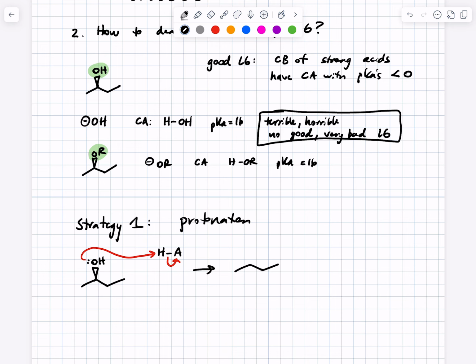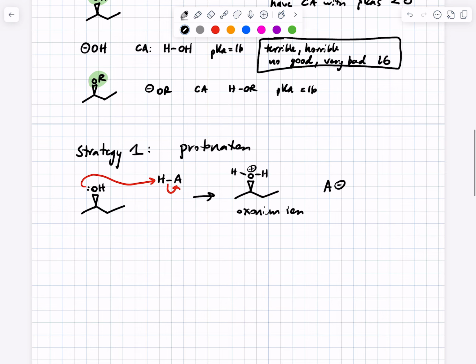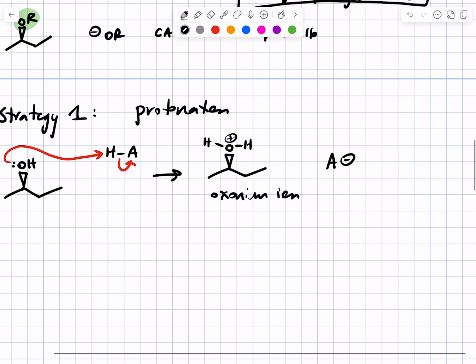That would form the conjugate base of the alcohol, which is this oxonium ion. And then you'll have the conjugate base of your acid, which we're just being generic about. Now, suddenly, protonation has turned that leaving group into a much better leaving group.